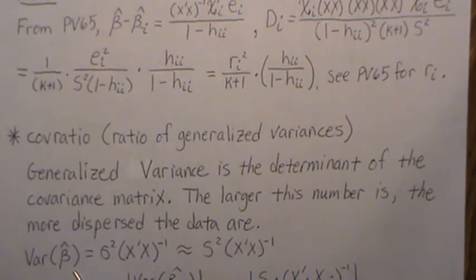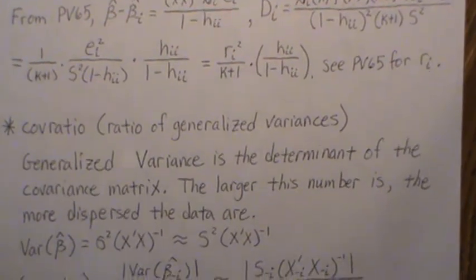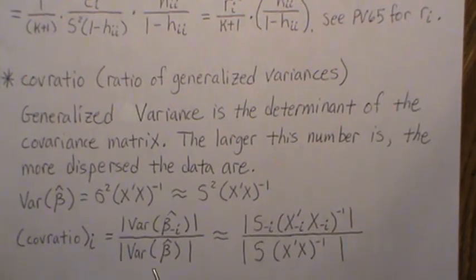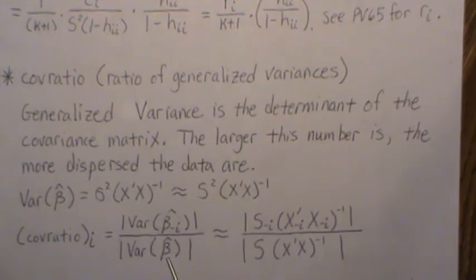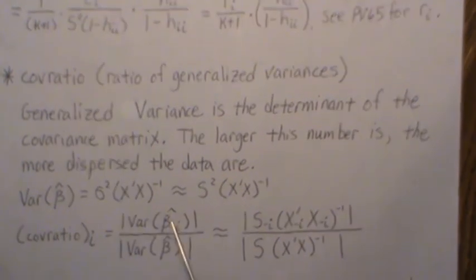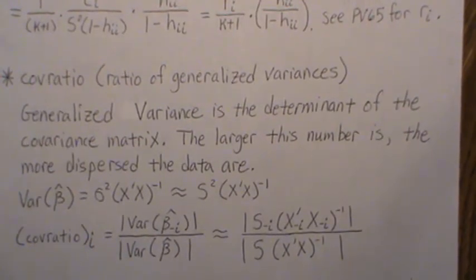Now, we hope that this generalized variance is a very stable estimate. That's the goal. But what the covariance ratio does is fit the regression line, come up with estimates, remove observation i, fit the regression line again, come up with least squares estimates, and then calculate the generalized variance for each of those.